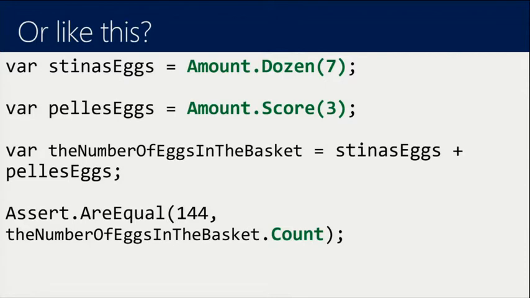And what we are getting from the amount, from the dozen and the score, what is that? You just have to guess. We are getting amount objects. And then we are adding those amount objects.